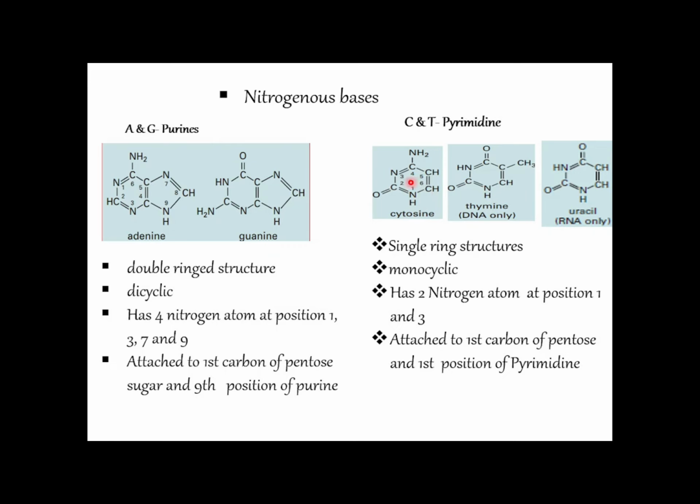It has 2 nitrogen atoms, at position 1 and at position 3. The attachment is at the first carbon of the pentose sugar and the first position of the pyrimidine. They are what we call pyrimidines.